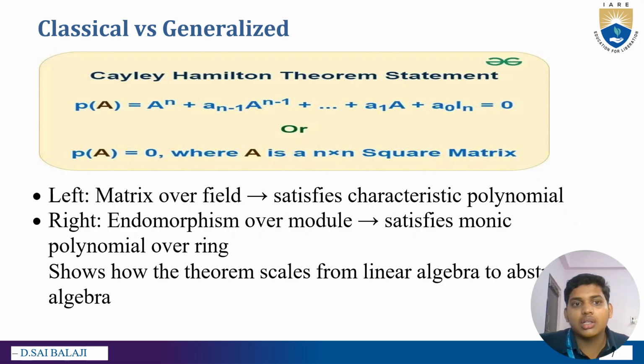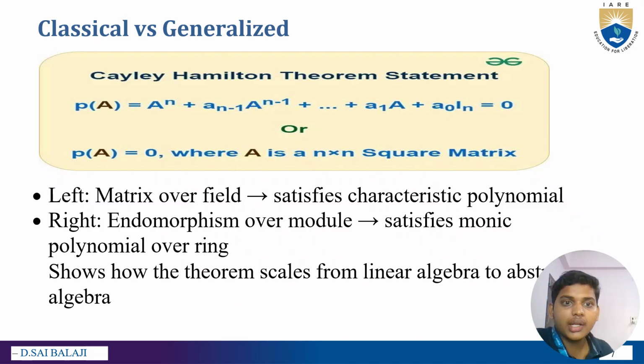Coming to the next, classical versus generalized Cayley-Hamilton theorem. The classical theorem states every matrix A should satisfy its own characteristic equation, the modulus of A minus lambda I equal to 0.